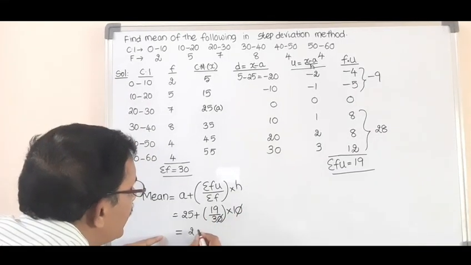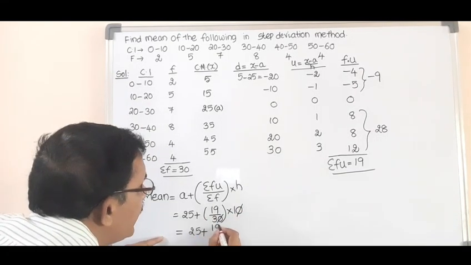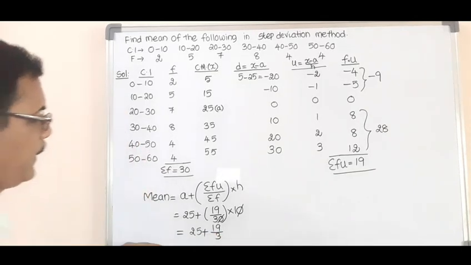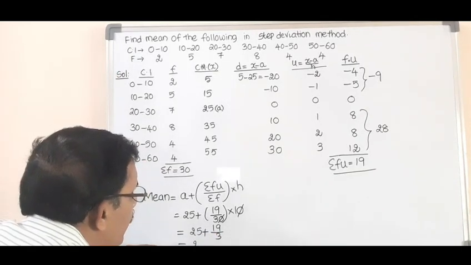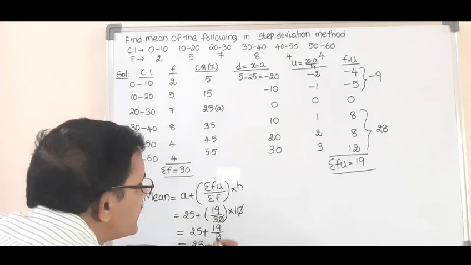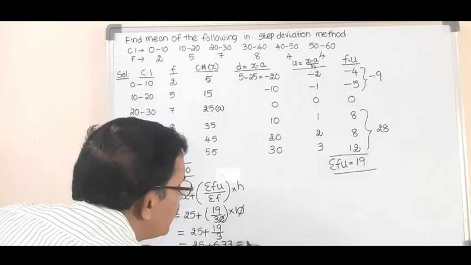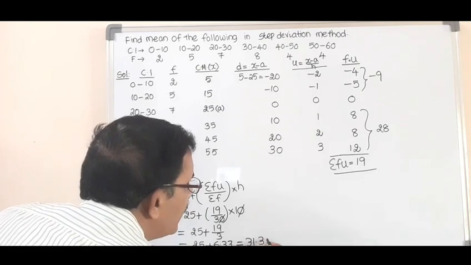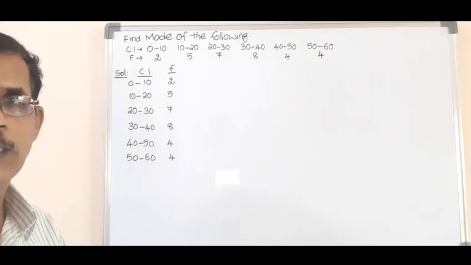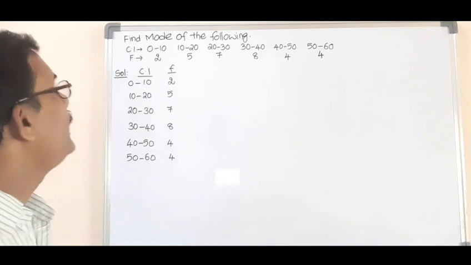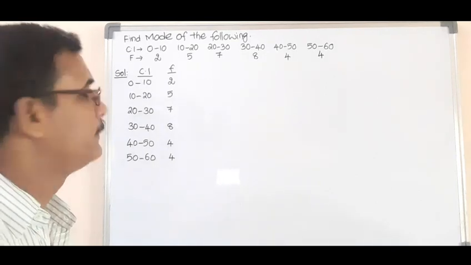It is equal to 25 plus 19 by 3, that is equal to 25 plus 6.33, that is equal to 31.33.